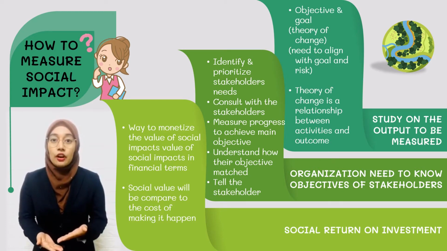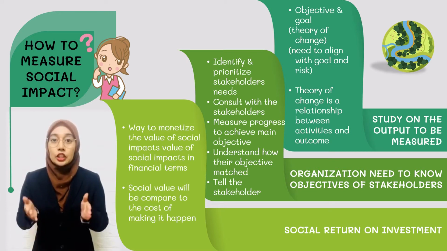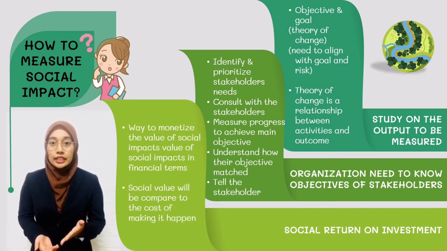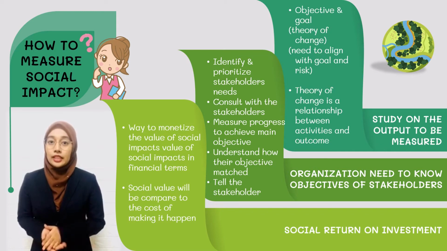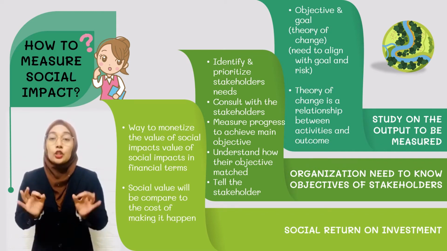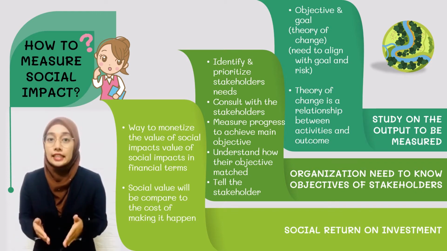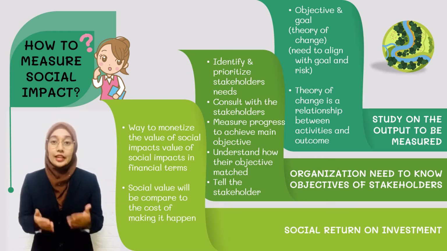It is a ratio of the net present value of benefits to the net present value of the investment. It shows the social value creation based on the initial investment, which can be calculated by dividing the value of social impact by the investment required. Through this ratio, an organization can give a simple and clear indicator of the value created for its stakeholders.